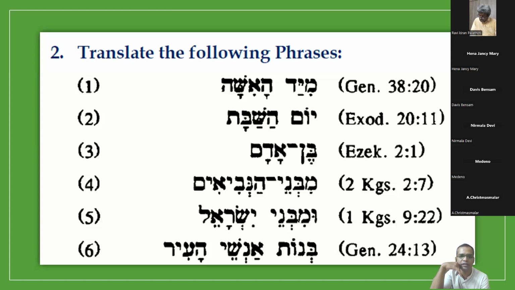How do you know that the sons of is in construct state? How do you know that the first word bene is in construct state? Normally it is ben. It's reduced to the vocal shewa.